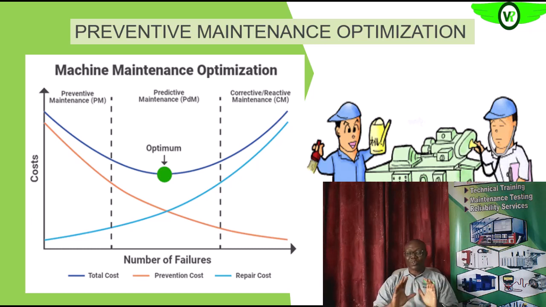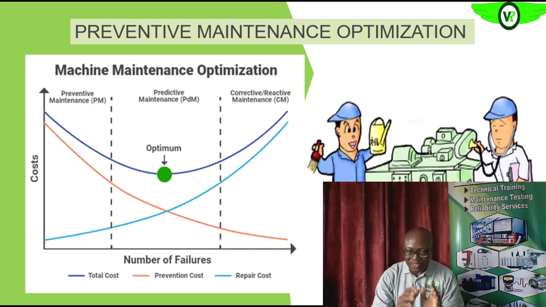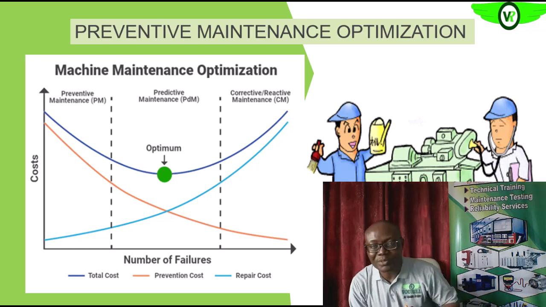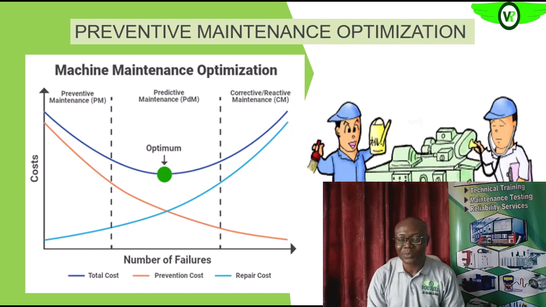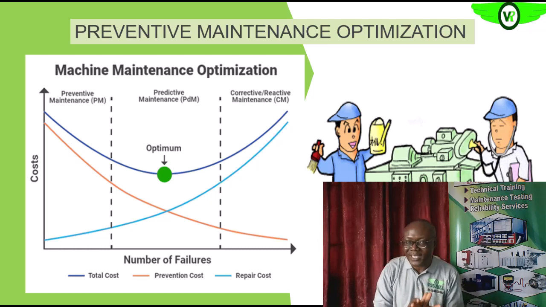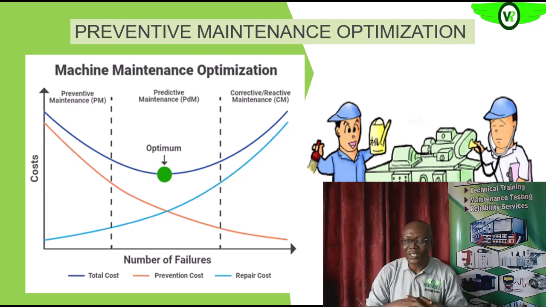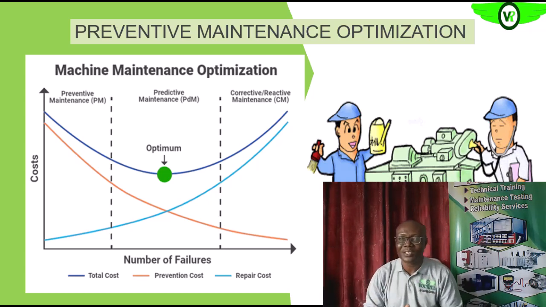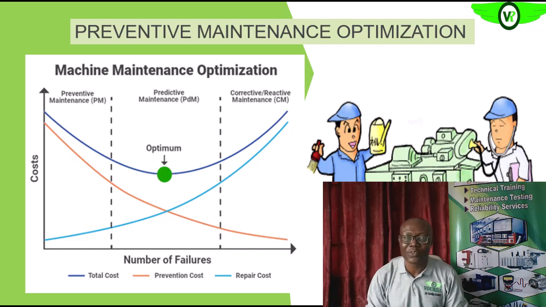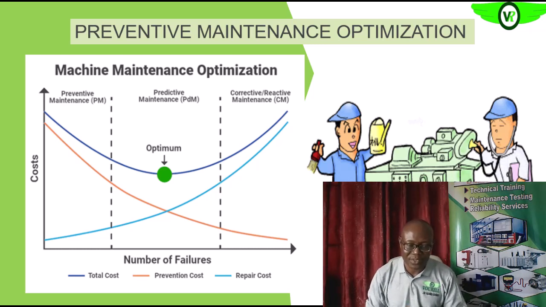So that is what we are doing when we say optimizing the maintenance program. We want to give the right maintenance mix, the right proportion of maintenance, the right kind of maintenance, deploy the right kind of resources, to ensure the reliability and improve production of our process or our assets.